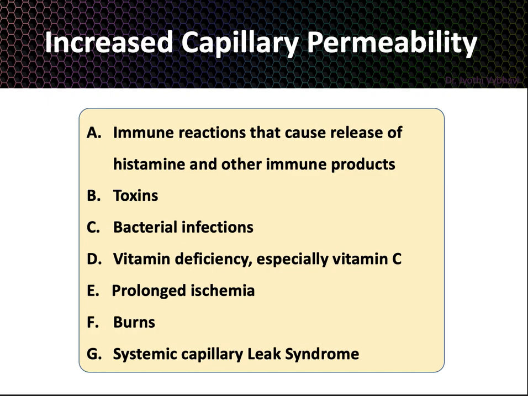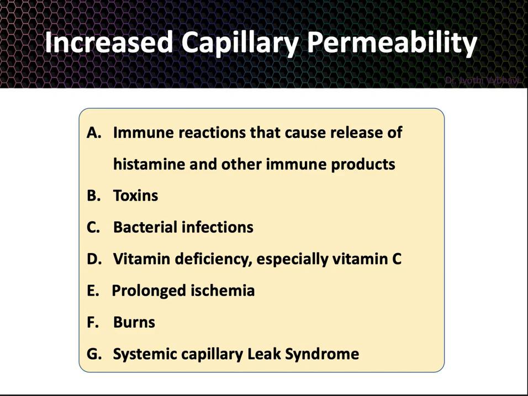The plasma and the proteins are filtered out more than usual to pass from the plasma into the surrounding interstitial fluid. For example, histamine. This histamine, which is there during immune reaction, causes widening of the capillary pores during tissue injury or allergic injury.